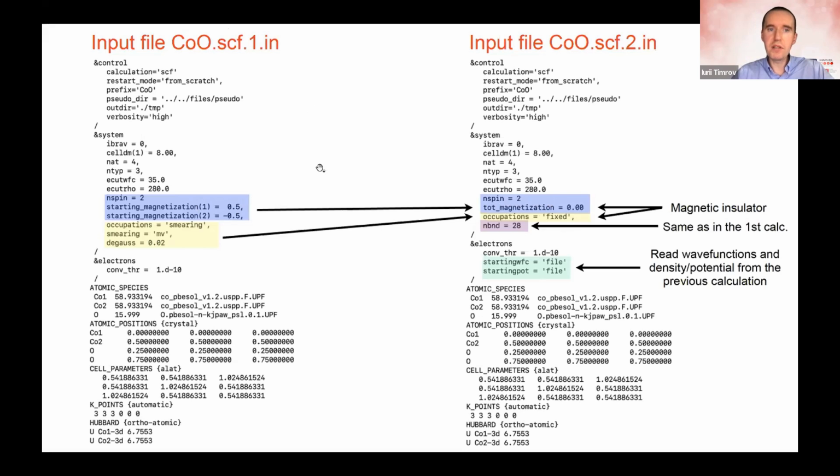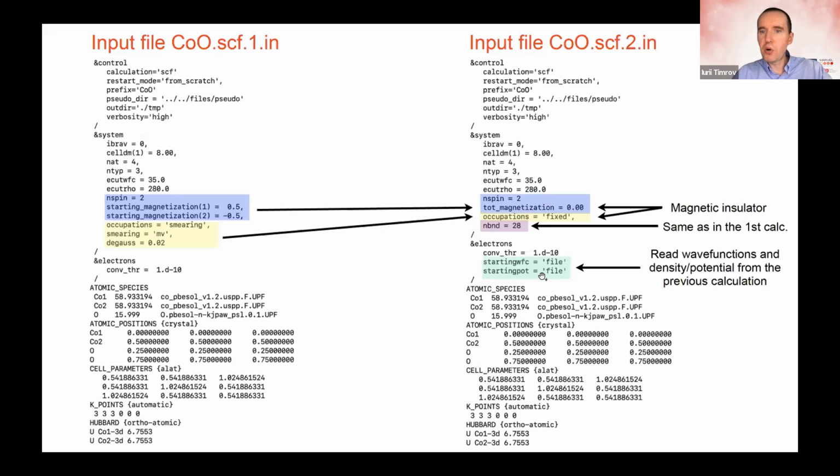After the first SCF calculation, you converge to the ground state, which has zero total magnetization because it's an antiferromagnet. So we just need to inspect the previous output and put here total magnetization 0. And finally, in the electrons namelist, we need to put startingwfc and startingpot from file.